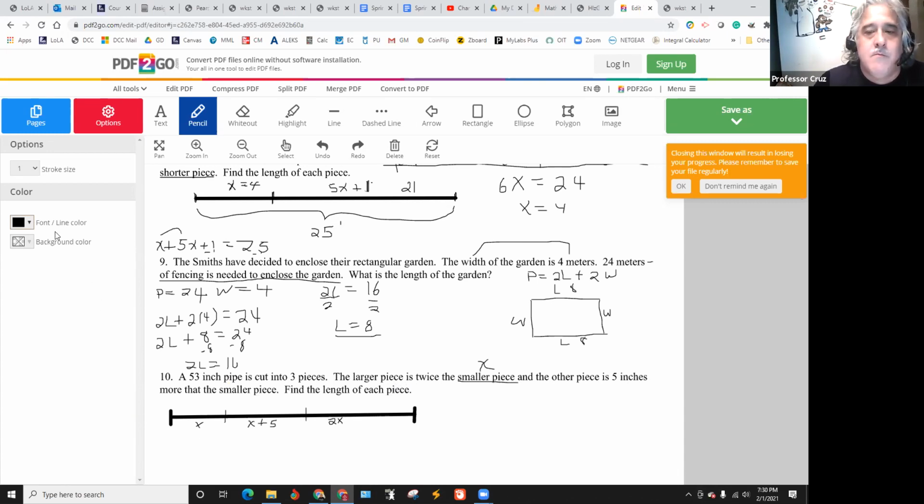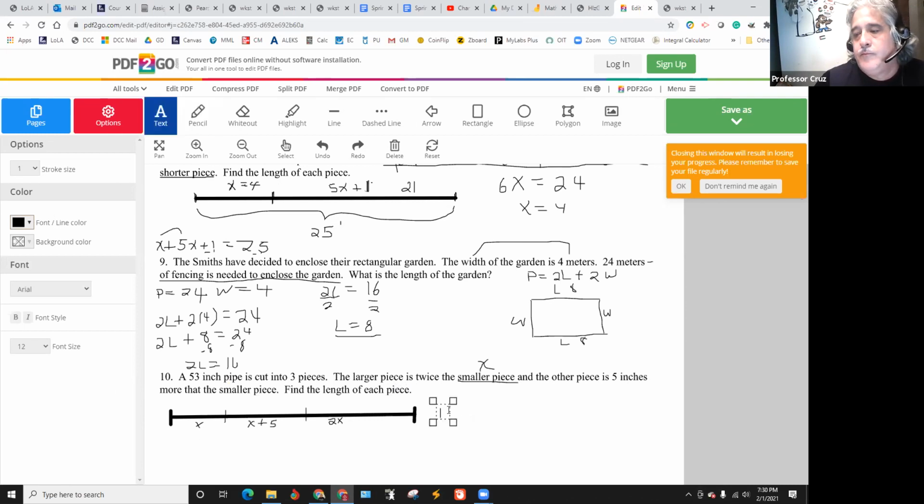So now these have to add up to 53. X plus X plus 5 plus 2X. They have to be 53 because that's how much it was before it was cut into pieces.